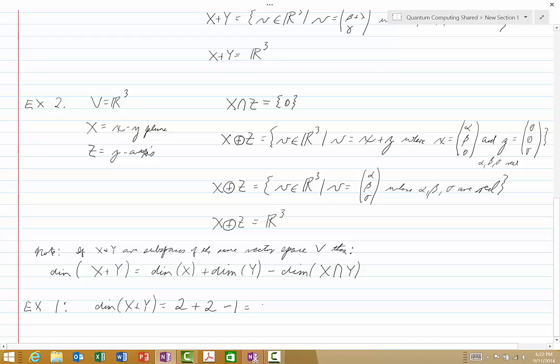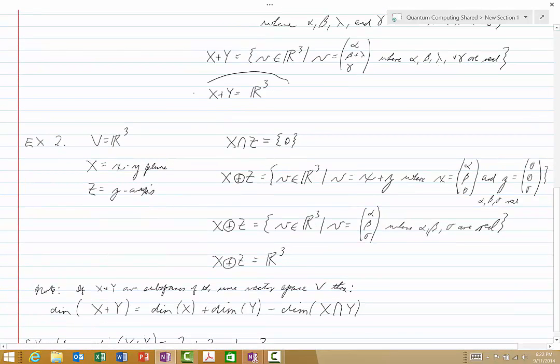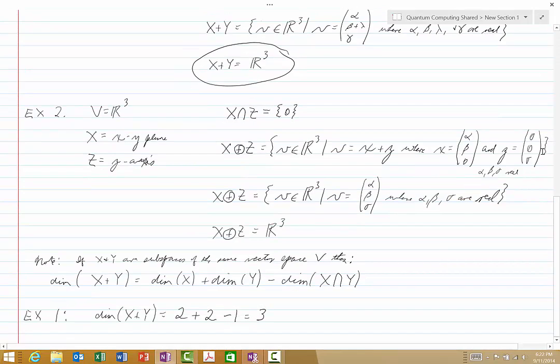And so we get 2 plus 2 is 4, minus 1 is 3, is the dimension of X plus Y. And indeed, that was exactly what we found. X plus Y was equal to R3, which of course does have dimension 3. So you see that this checks out.